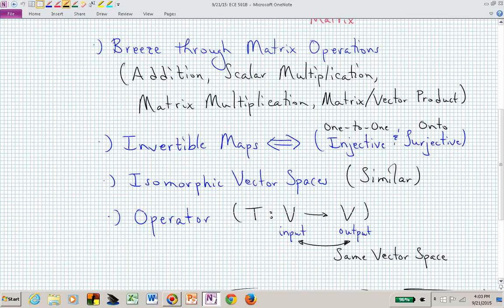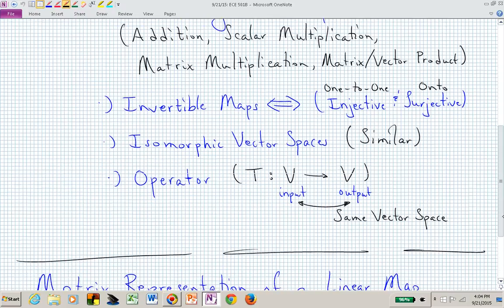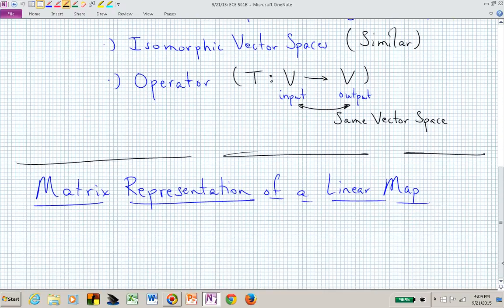Surjective is trying to cover your codomain. Injective just means that you don't map many to one. You map one to one. The many-to-one would mean that you have a non-trivial null space, if you had many vectors going to the same unique vector in the codomain. So we are thinking of a one-to-one map.